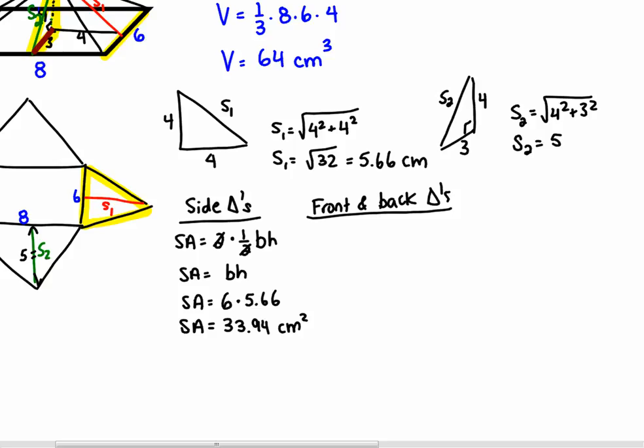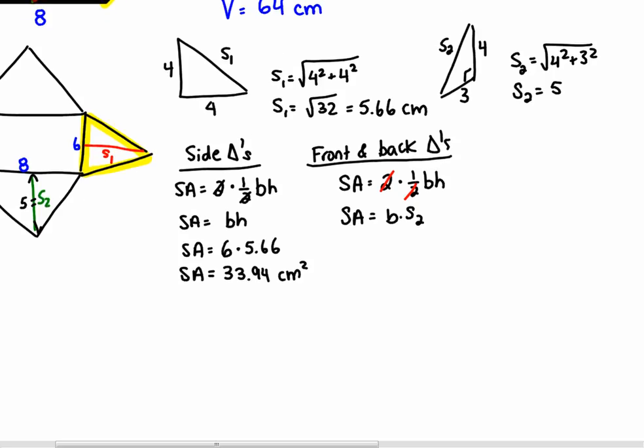So surface area of the 2 triangles, front and back, there's 2 of them. What's the formula for a triangle? Base times height divided by 2, or 1/2 base times height. What happens with the 2's? Cancel. Base times height. And we're talking about slant height, right? You can change this to be base times S2, because really the height of the front and back triangle is that slant height.